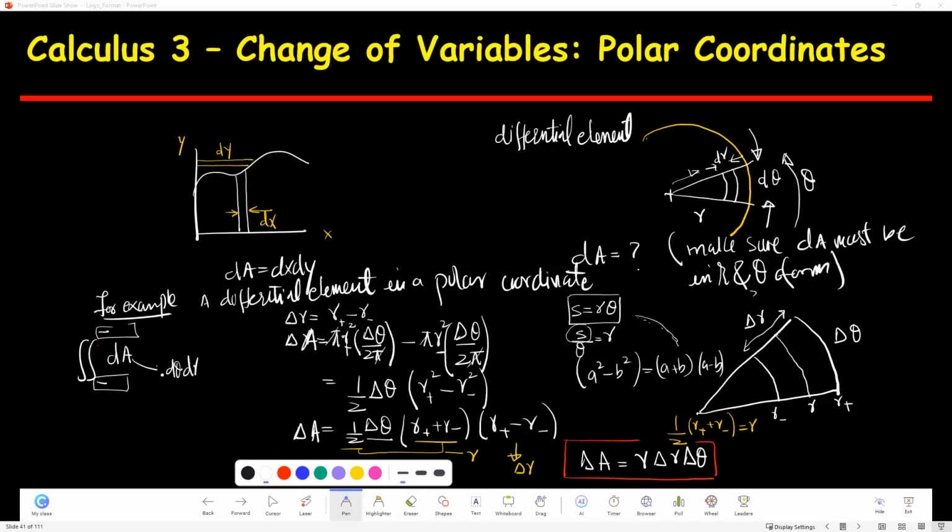You always have an r here. That is the reason I showed you this little derivation, to show how we came up with this r dr d theta. So the bottom line is that moving forward, we always need r dr d theta. Okay.